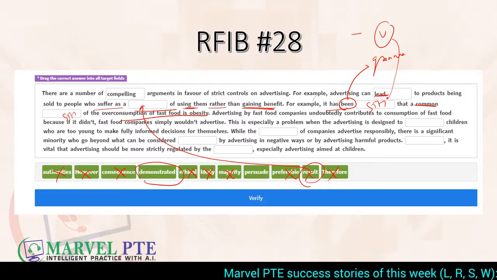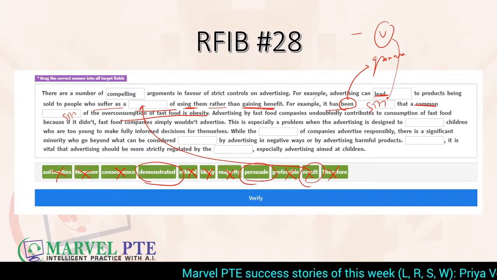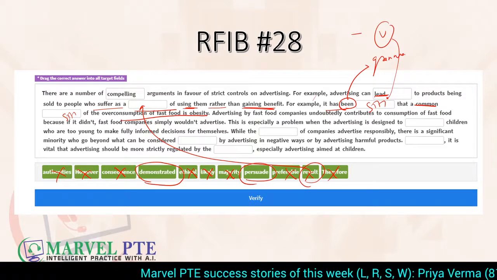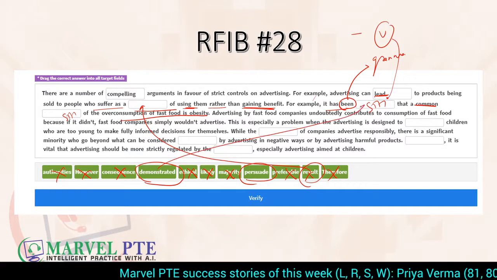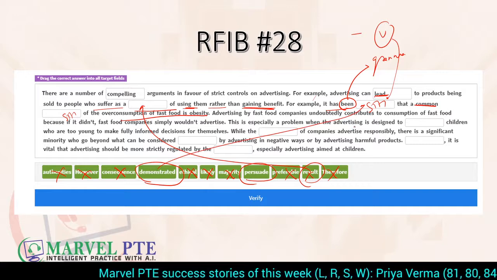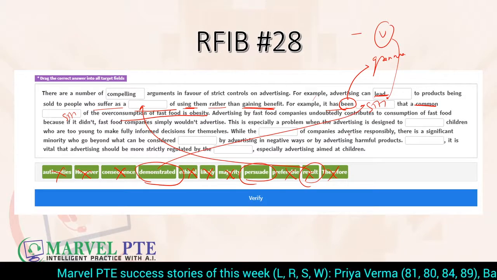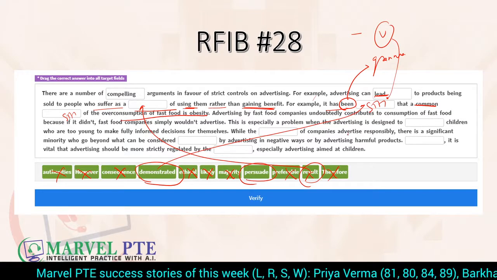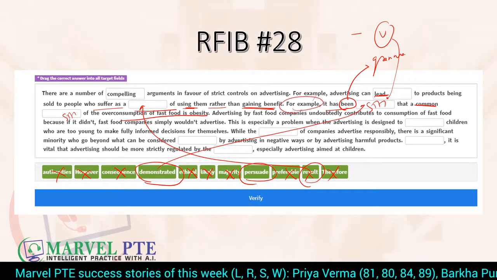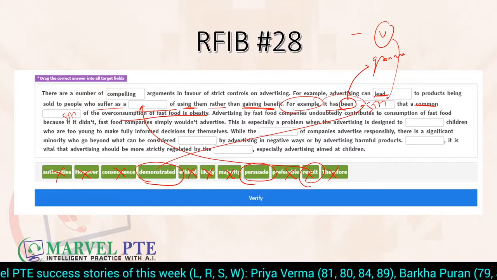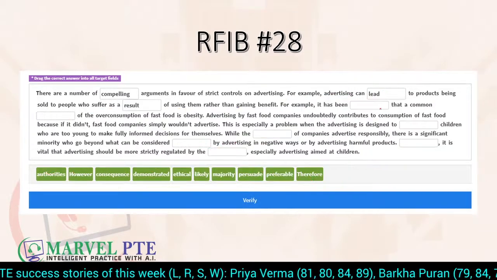We have just two verbs left, demonstrated and persuade. For example, it has been demonstrated, yes, it makes sense. It has been persuaded, no, you do not want to get some action done, but it's given as an example, and demonstration is always used with example. So: it has been demonstrated.